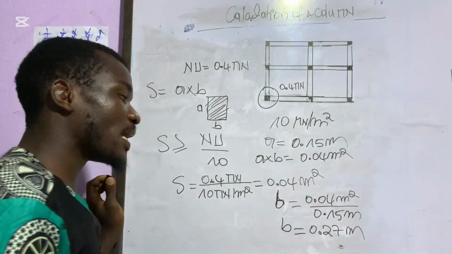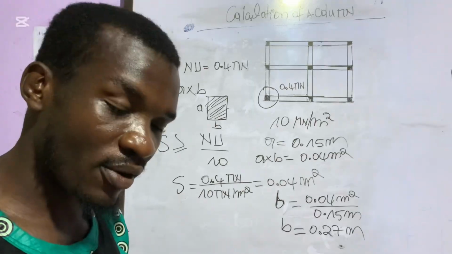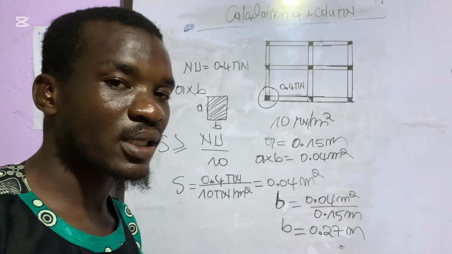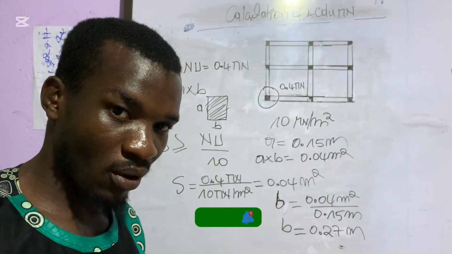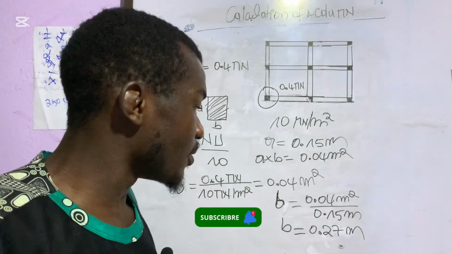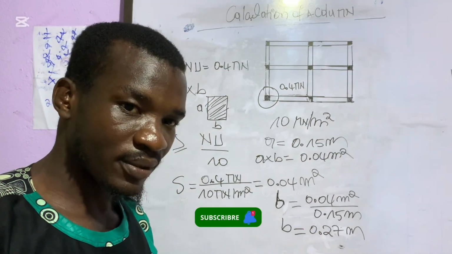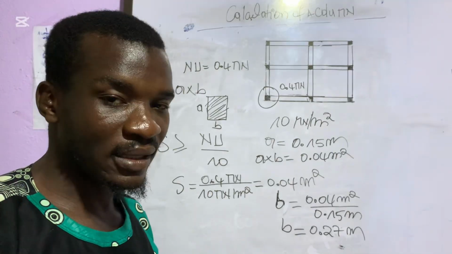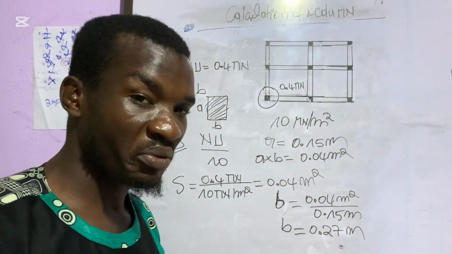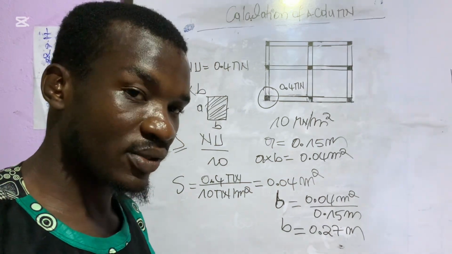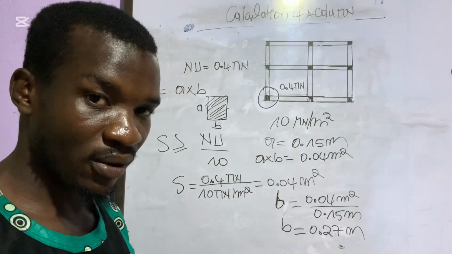Now, for the sake of implementation, to ease the work of our technicians and workers on the site, we have to round it up so that they can easily get a board of, for example, 30, because it's not easy to find a board of 0.27 meter on site.